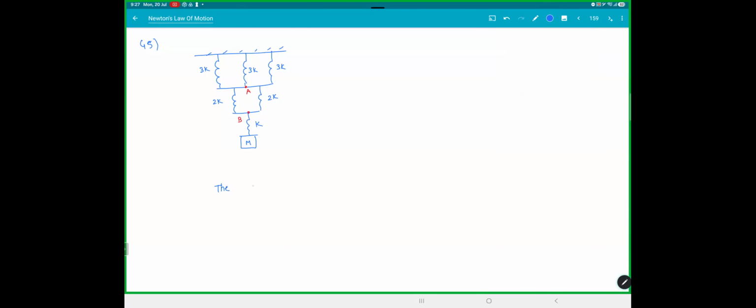I mean, you just didn't let it go, okay? It's not oscillating. Find the displacement of the block and points A and B.